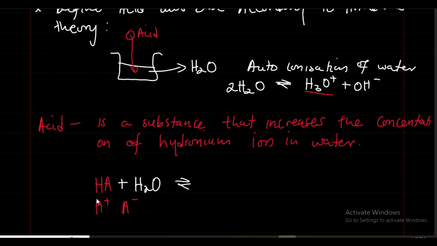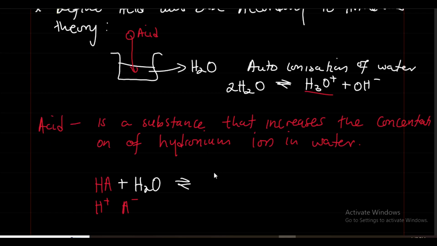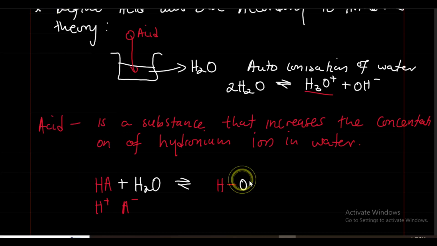So this H plus will be attracted to the water molecule to form H3O plus. So now this is the original water molecule, and then this is the H from the acid. But now notice that here we had a charge of 0, here we're going to have a charge of +1.